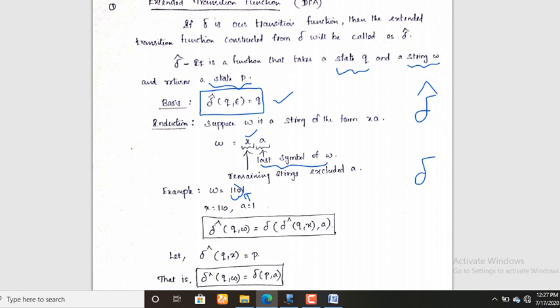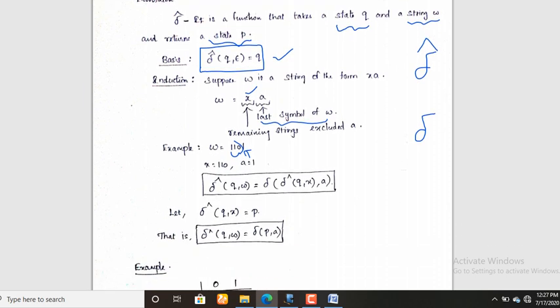Next, how can we calculate delta cap? Delta cap of q comma w equals delta of delta cap of q comma x, comma a. For calculating delta cap we use the transition function only. This is the definition of how we can represent the extended transition function in terms of the transition function.